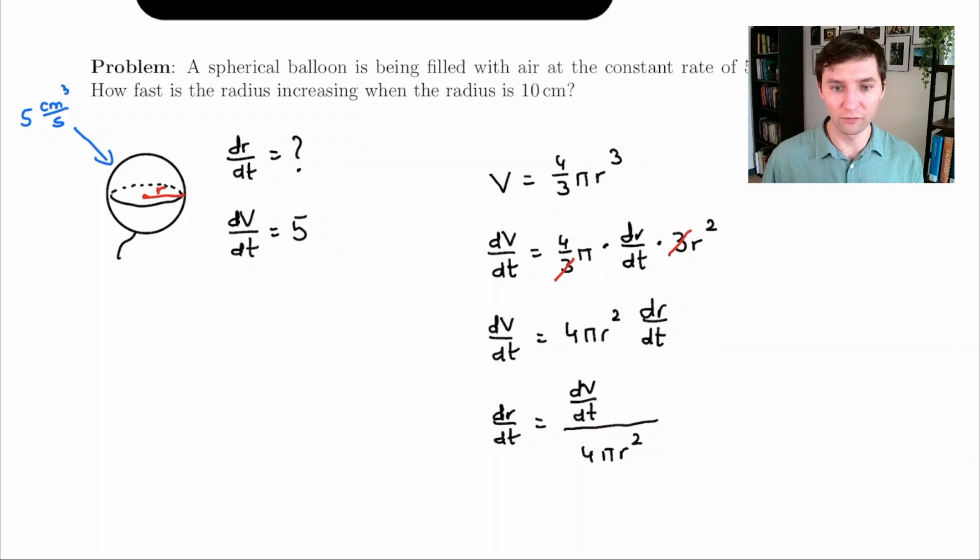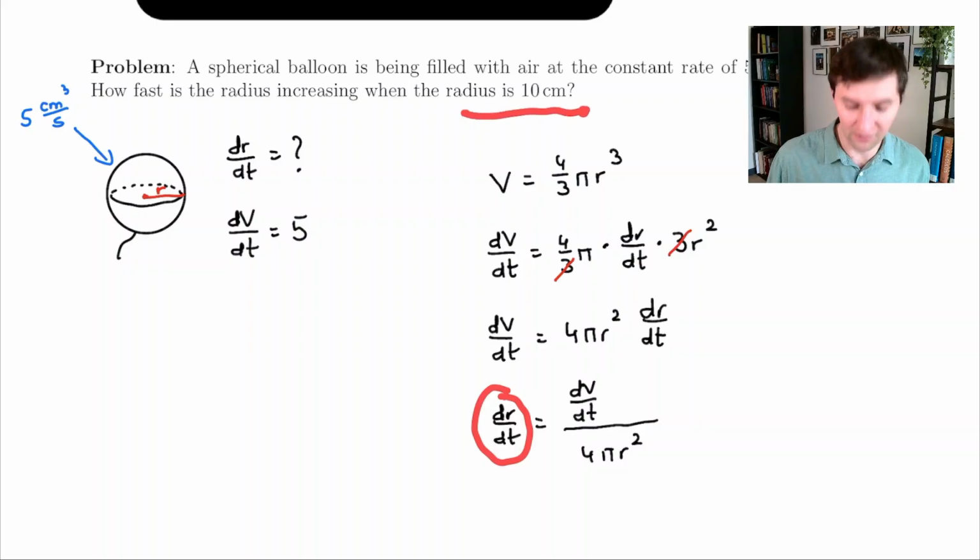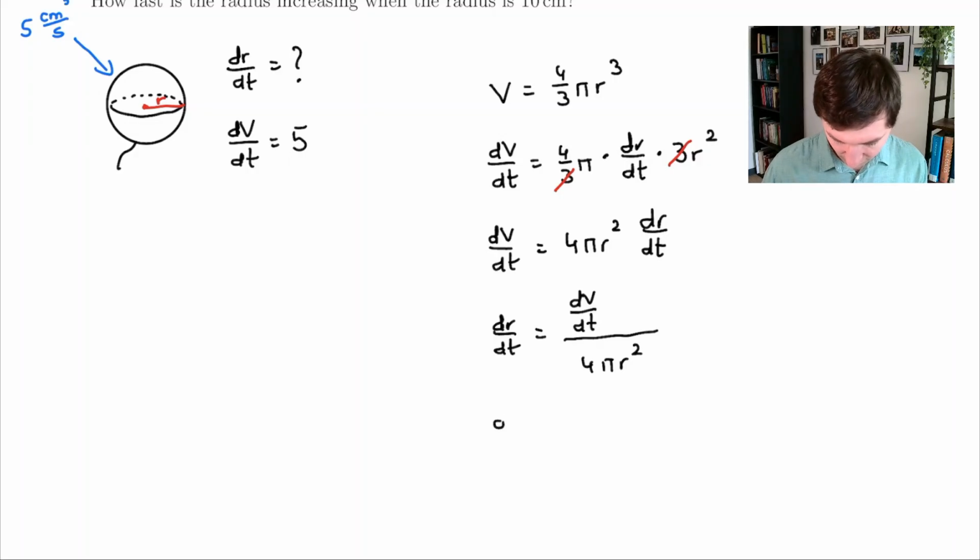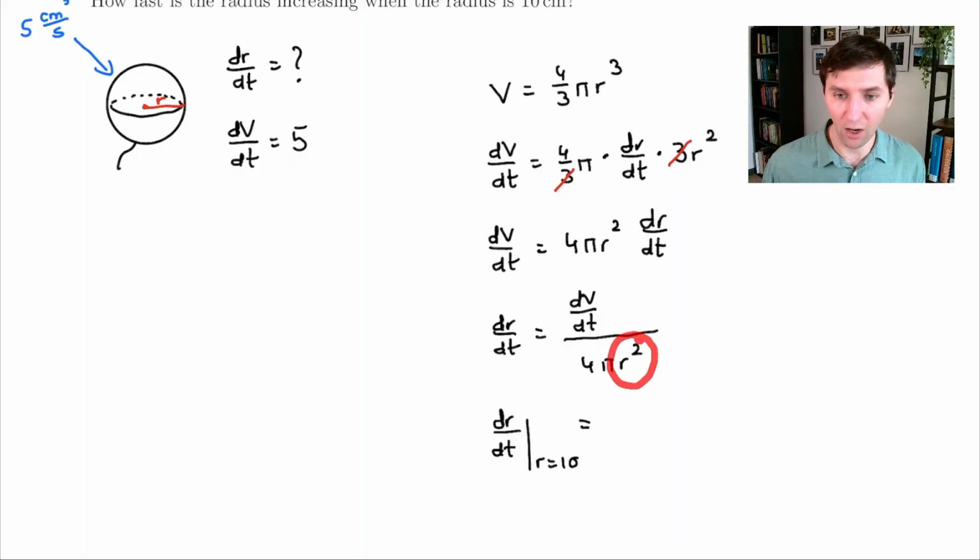Remember, you want to find the derivative of r with respect to t whenever the radius is 10 centimeters. So in your equation now, you can replace r with 10, which will give you r squared, which is 100.